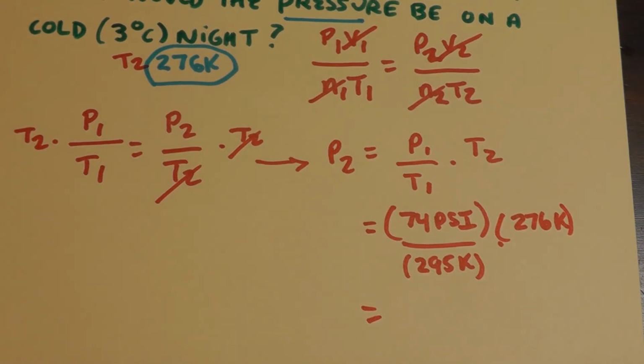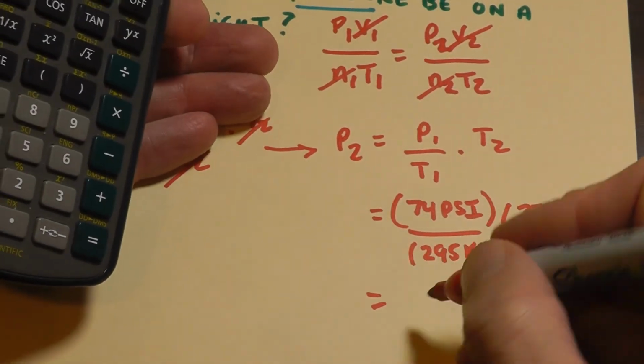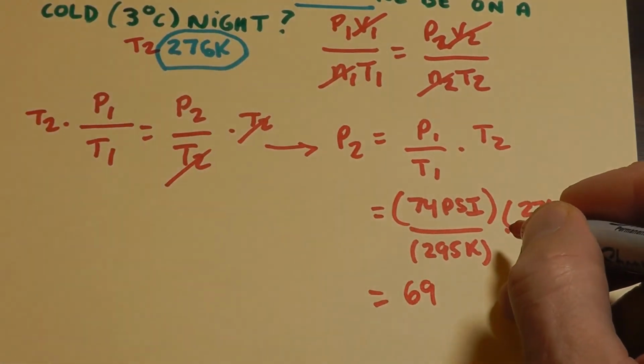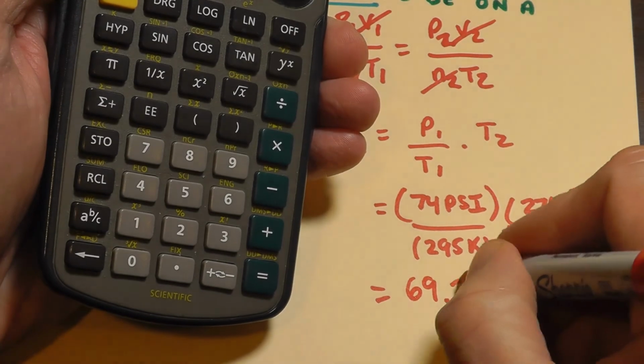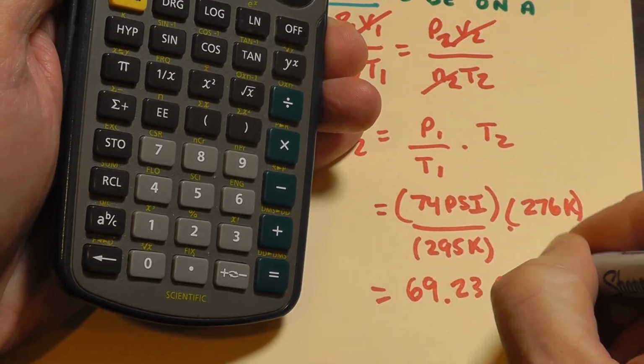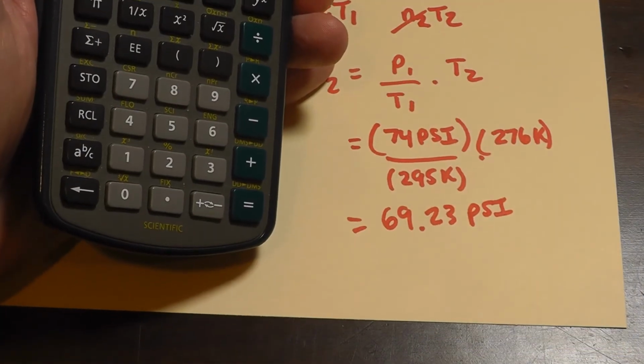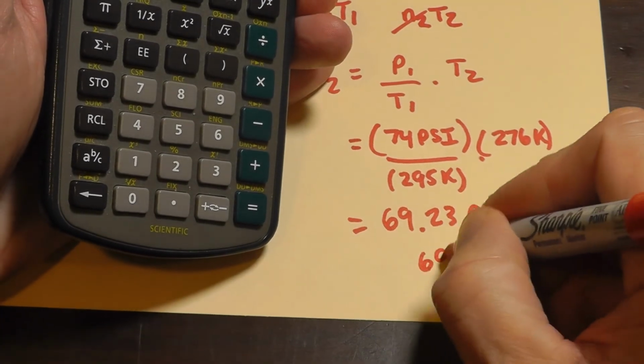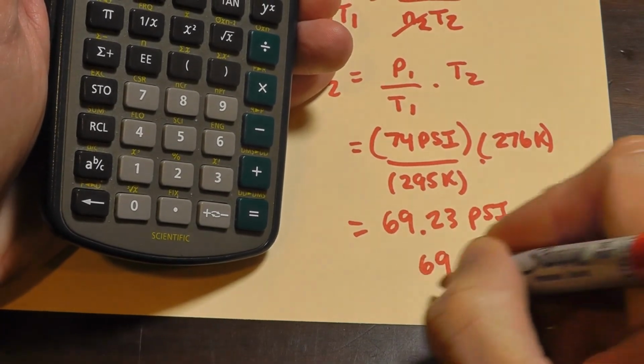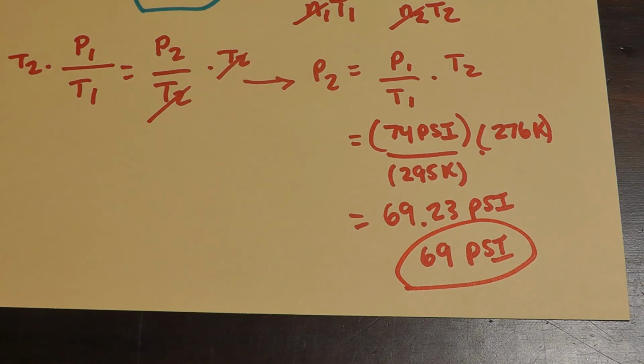When you convert things to Kelvin, you find out that even though the temperature change seems like a lot to us, it isn't on a big scale. So this will be 69.23 psi, but everything in pressure was in 2 significant figures, so say 69 psi. So it went down a little bit.